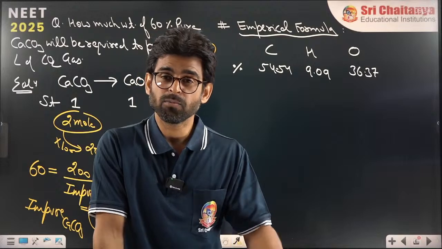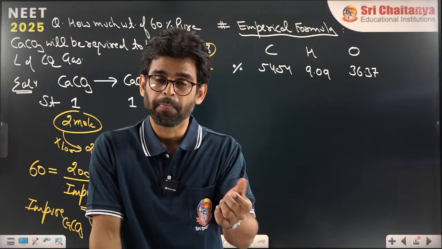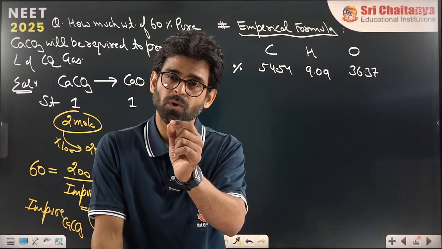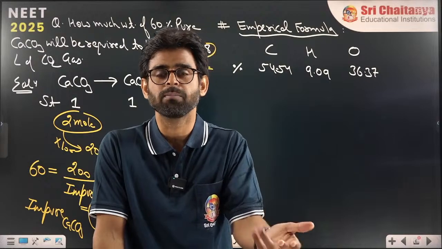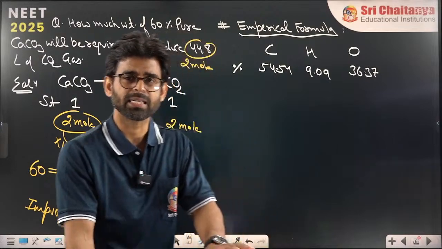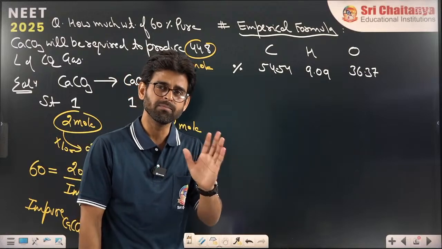So from the given mass percentage find the moles and the molar ratio. The simplest whole number molar ratio gives us the empirical formula. We just use weight divided by molar weight to get the molar ratio.